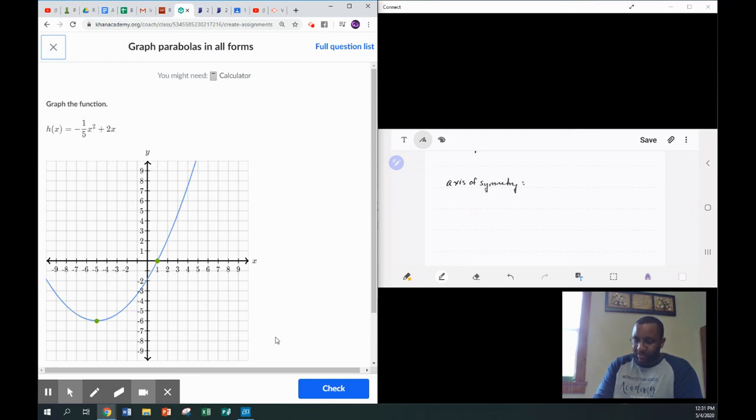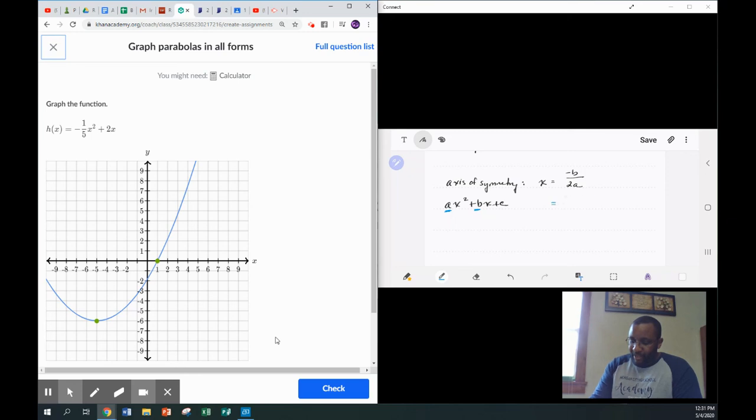That's why I'm going over it with you. The x coordinate of your axis of symmetry is at negative b over 2a. And that means if I have standard form, ax squared plus bx plus c, this here is the a and this here is the b.